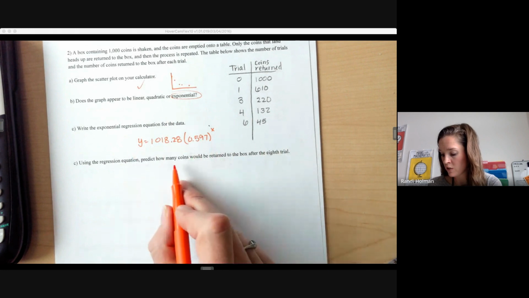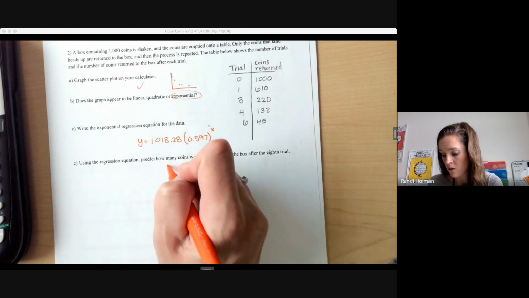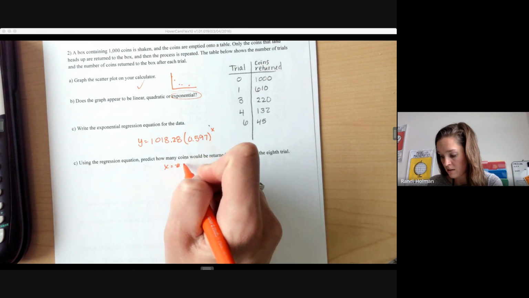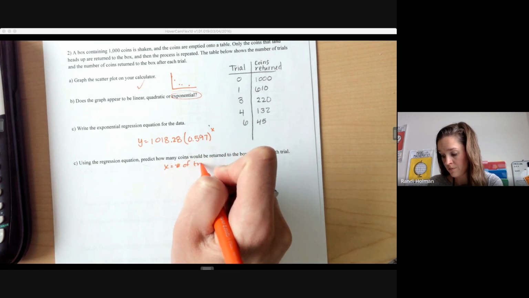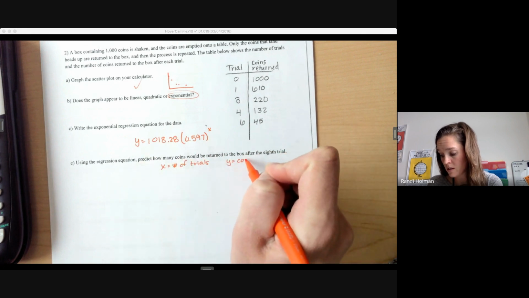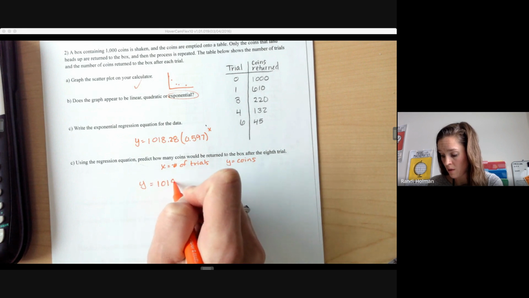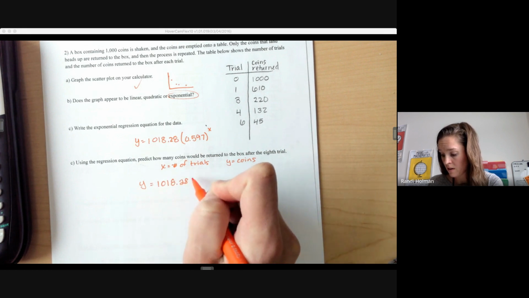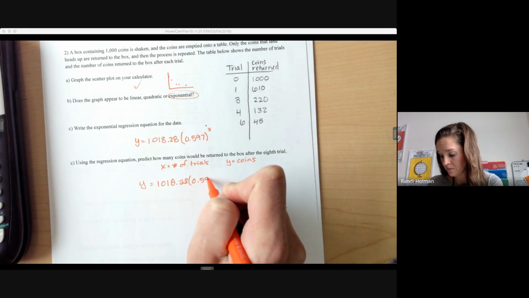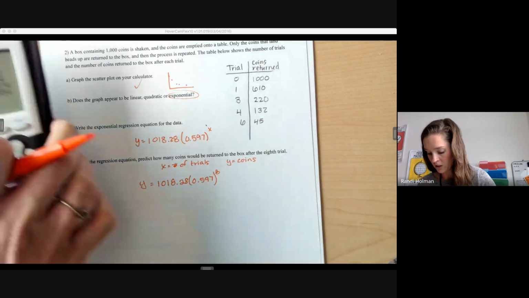So use a regression equation to predict how many coins will be returned to the box after the 8th trial. So remember, X is trials and Y is the coins. So we're just going to plug into our model here. 8 for our trials, and then actually use that.